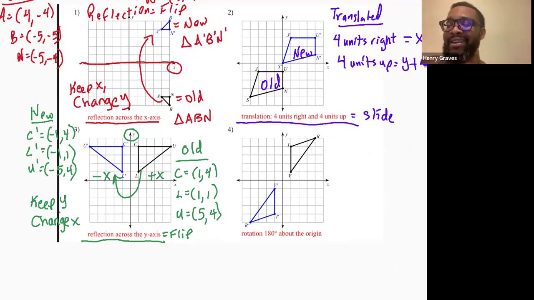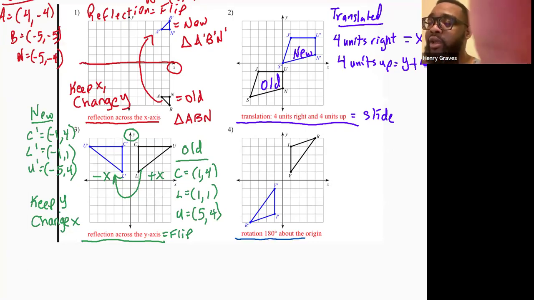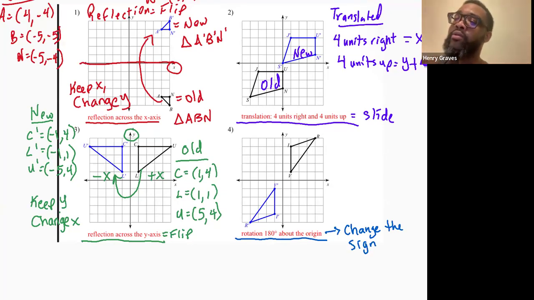Anyways, on number 4, you have to do a rotation, right? 180. So when you rotate 180, basically, you change the sign of x and y. So what does that mean? Let's go over here.